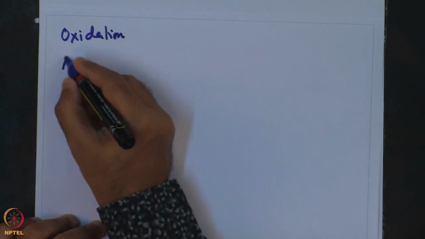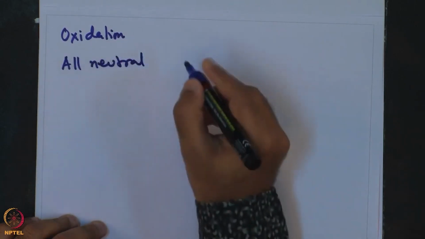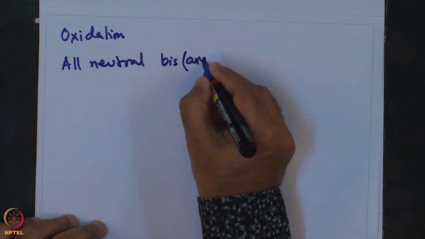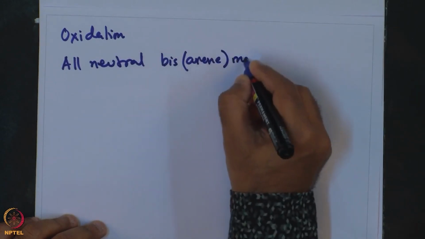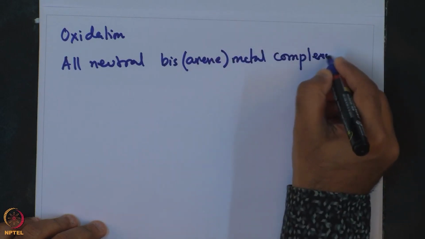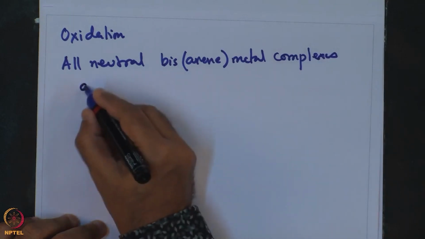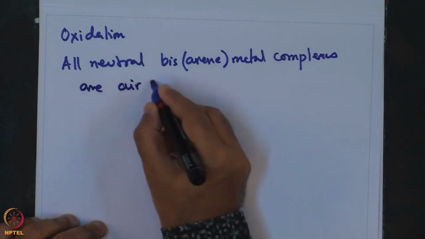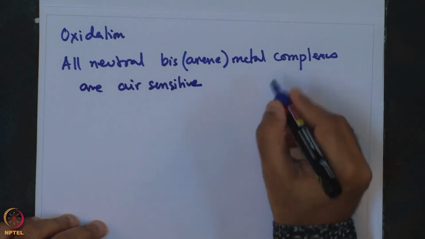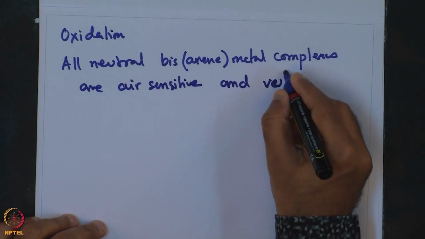So, all neutral bis-arene metal complexes are air sensitive and vulnerable to oxidation.